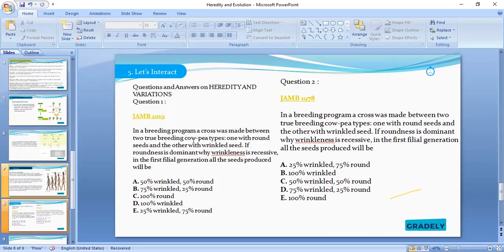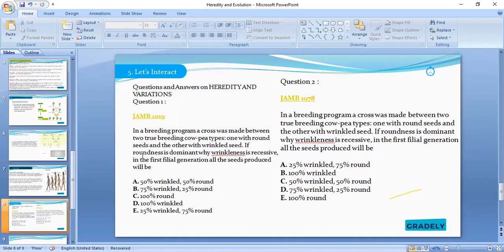If roundness is dominant, and wrinkled seed is recessive, in the first filial generation, all seeds produced will be... We're not talking about the second filial now, because that's the simplest part. If you can't get the first filial, what are we actually doing?